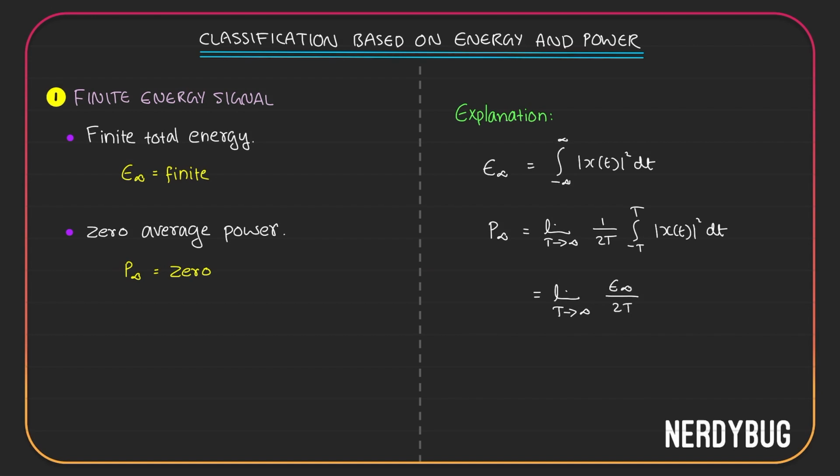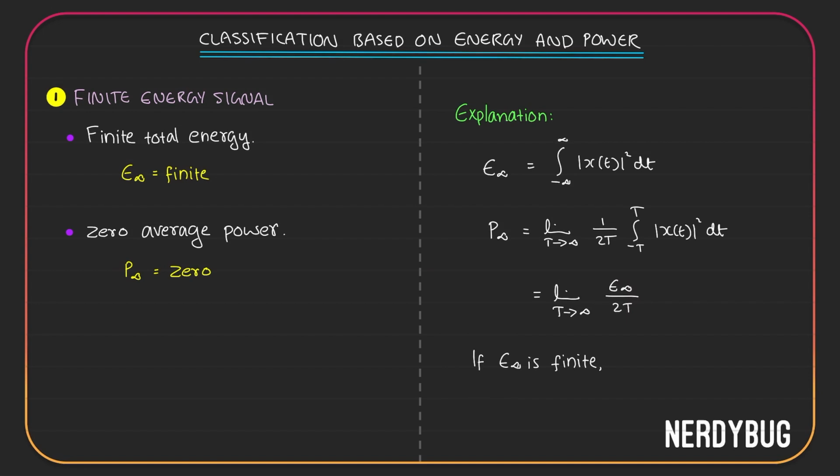So I can write this as limit t tends to infinity E infinity divided by 2t. Now let us consider x of t is a finite energy signal, which basically means E infinity here is finite. So if E infinity is finite, then this becomes limit t tends to infinity, something finite divided by 2t.